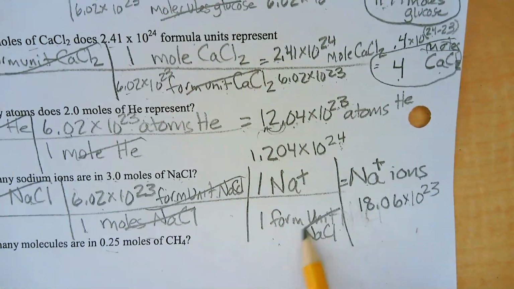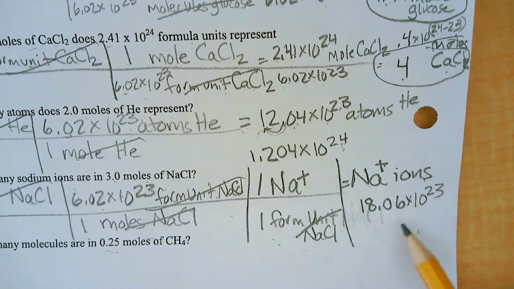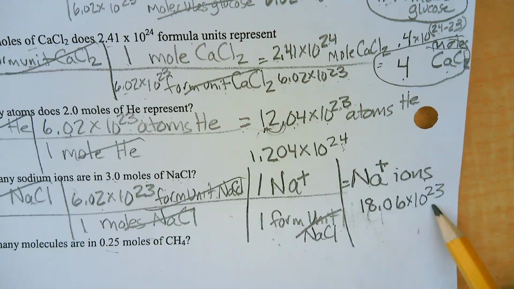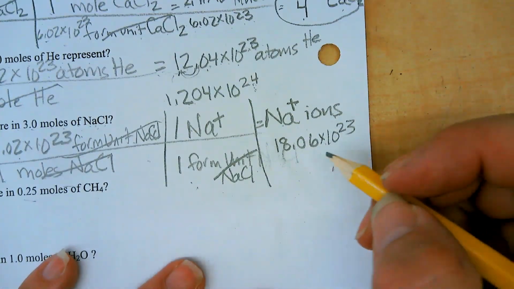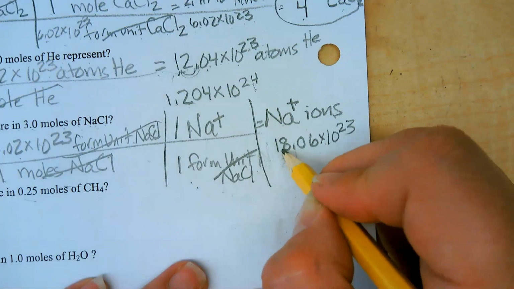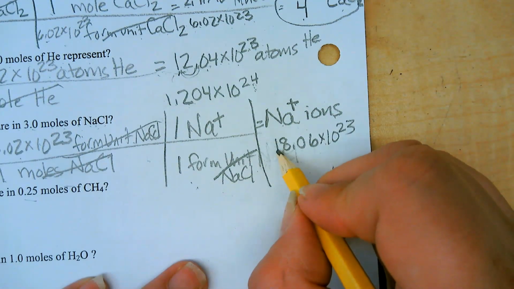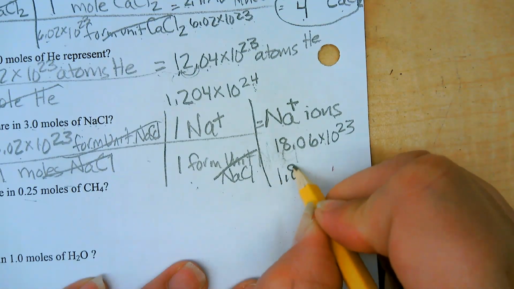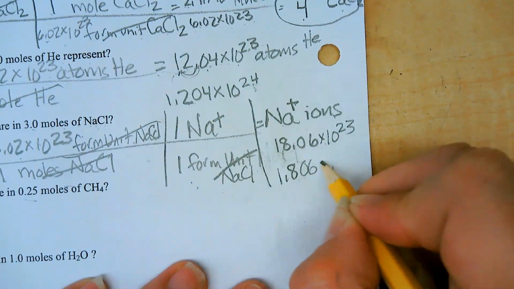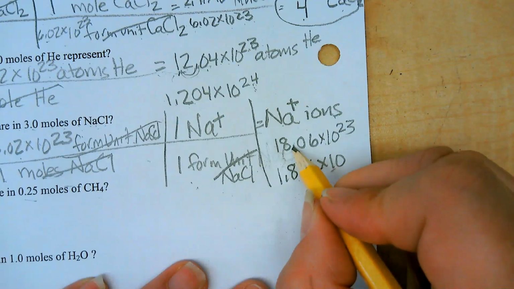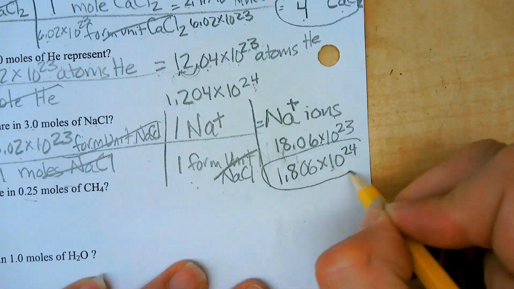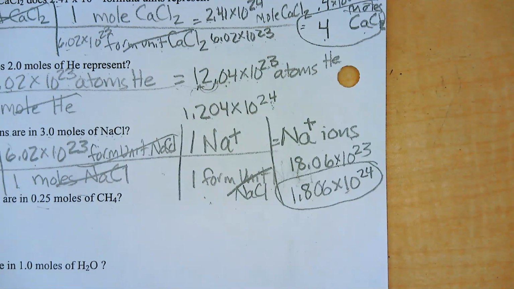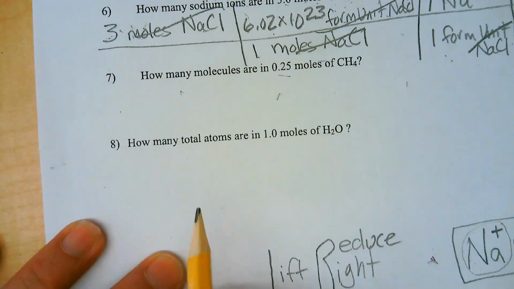And we cancel out our formula units, and we end up with sodium ions. So we have 18.06 times 10 to the 23rd sodium ions, which is correct. However, the scientific notation police are going to come and say, move that decimal. So we're moving it to the left, 1.806 times 10 to the, and if we move it to the left, we lift the exponent. Left we lift, right we reduce. All right, I'm going to skip number 7. You do that one yourself.